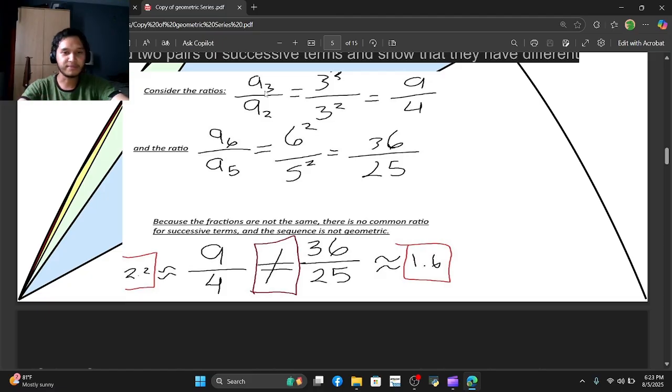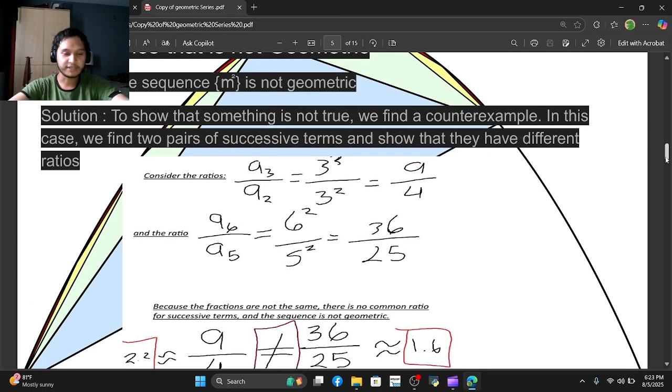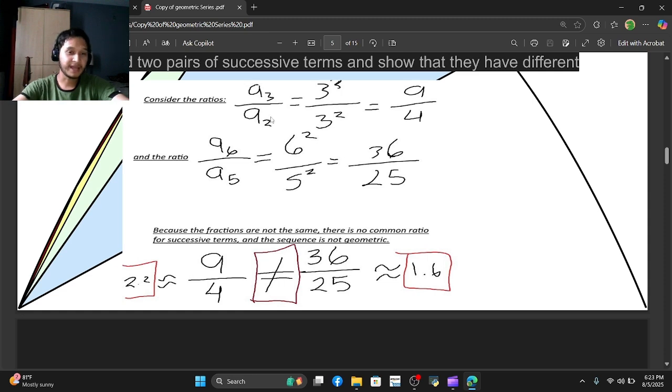Now, what does this a sub 3 mean? We're saying that we take the third number of the sequence divided by a sub 2. So we can take a sub 4 and a sub 3.